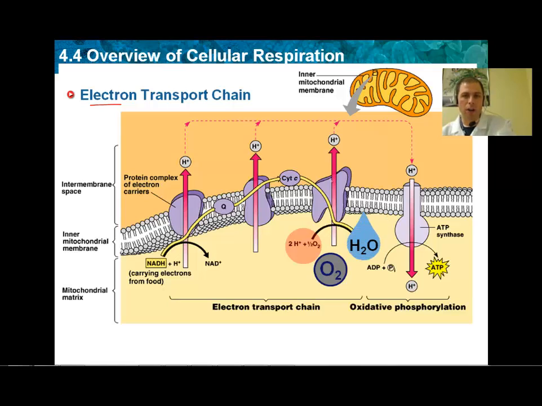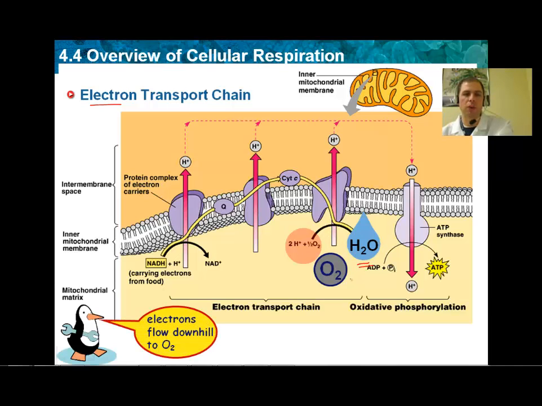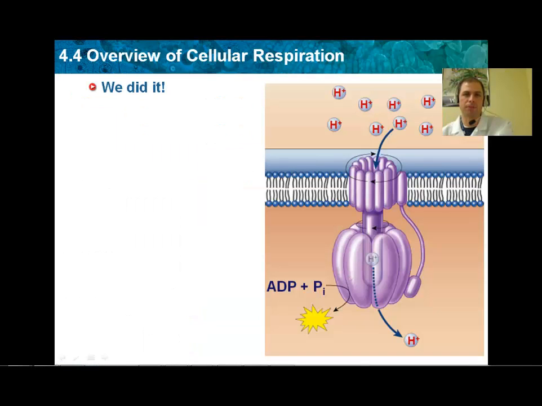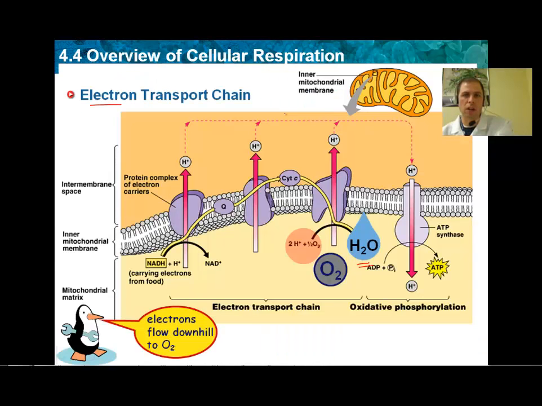Why, in fact, do we get water in the end of our process? Because oxygen, as you can see here, is picking up our hydrogens. And in the process of combining, we make water. So electrons flow downhill to oxygen. So we did it. We established a hydrogen ion gradient. That's what you saw again right out here, where we were pumping hydrogen ions. We've got hydrogen ions that are here in the inner membrane space.